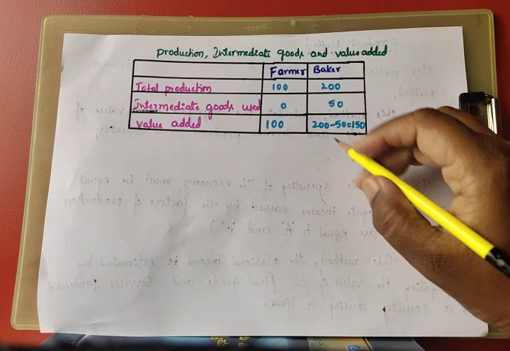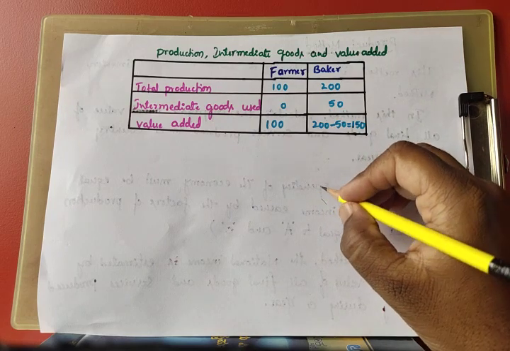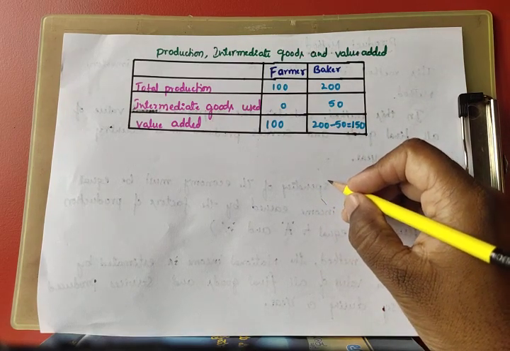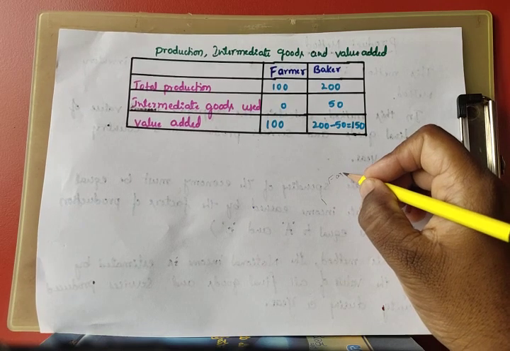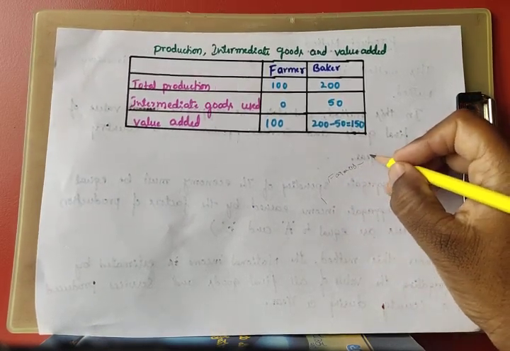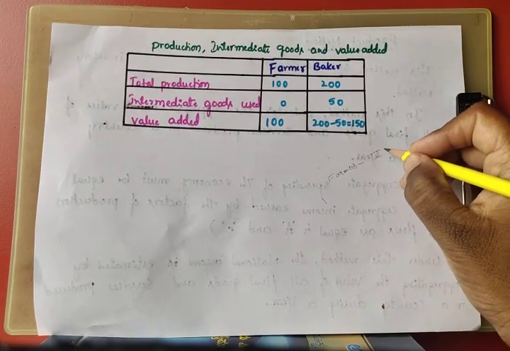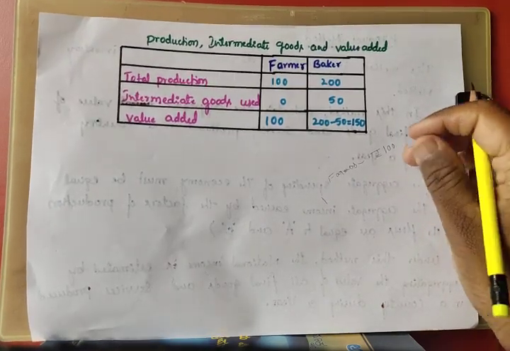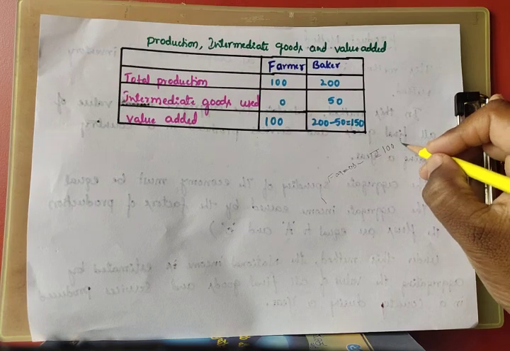See, imagination. The wheat producers, the farmers, every year produce wheat worth rupees 100.